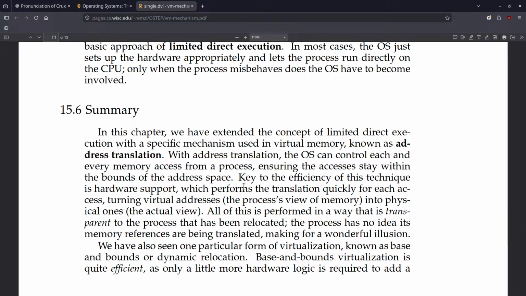Key to the efficiency of the technique is hardware support, which performs the translation quickly for each access, turning virtual addresses, the process's view of memory, into physical ones, the actual view.